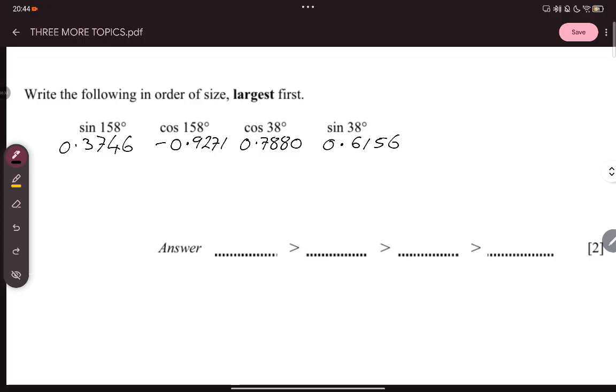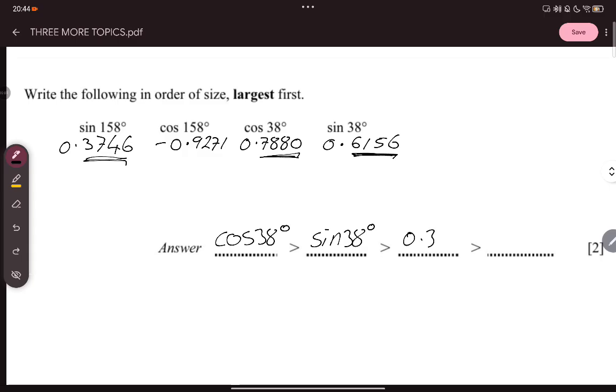And because we've written them with the same number of digits after the decimal point, we can compare them just like ordinary numbers. So 6,156, 7,880, 3,746. The biggest one is the 7,880, so the biggest would be cosine 38 degrees. Then the next would be 6,156, so sine 38 degrees.